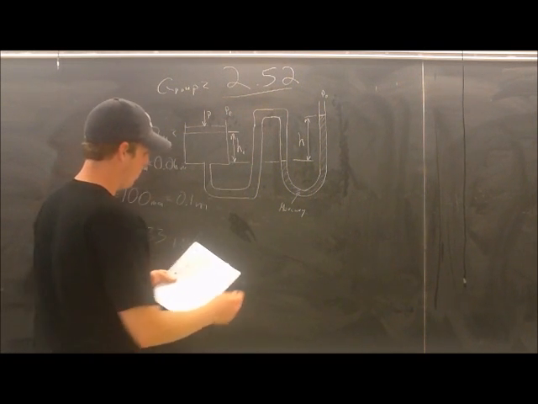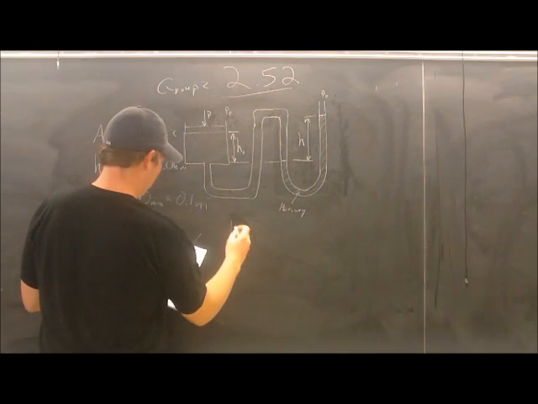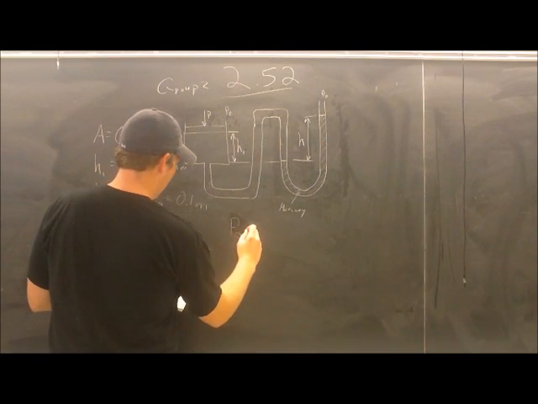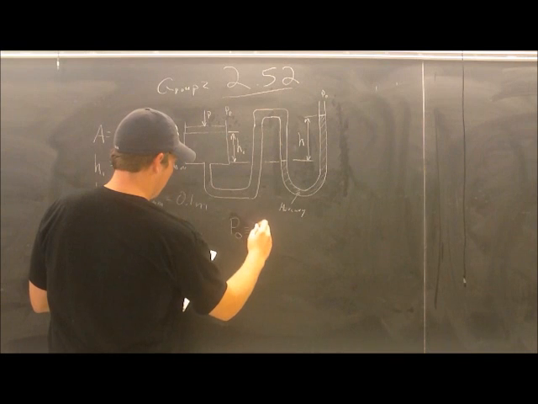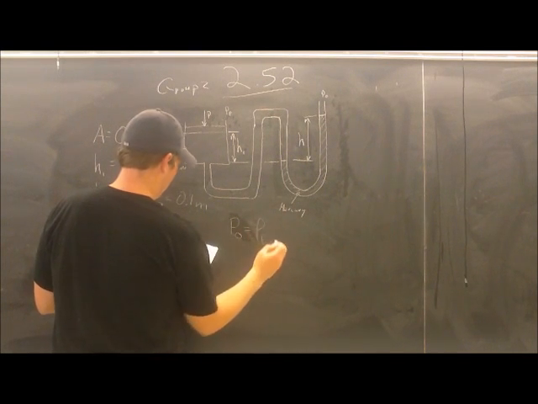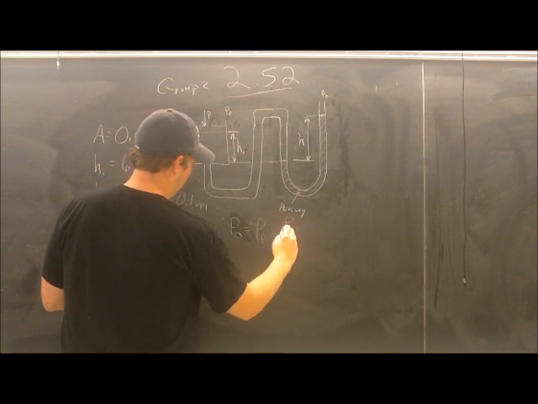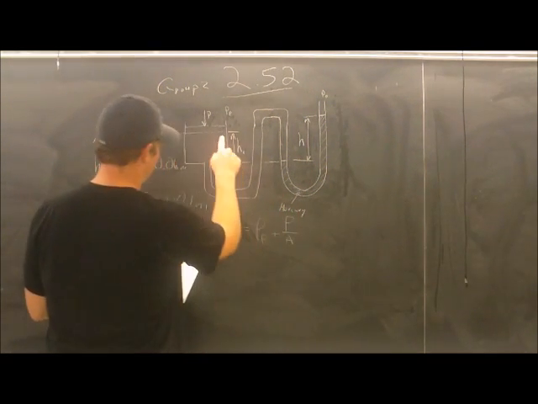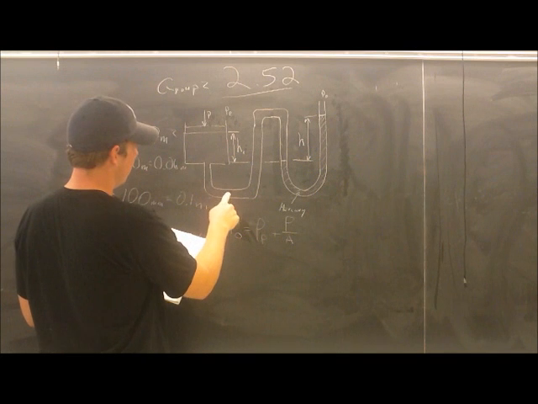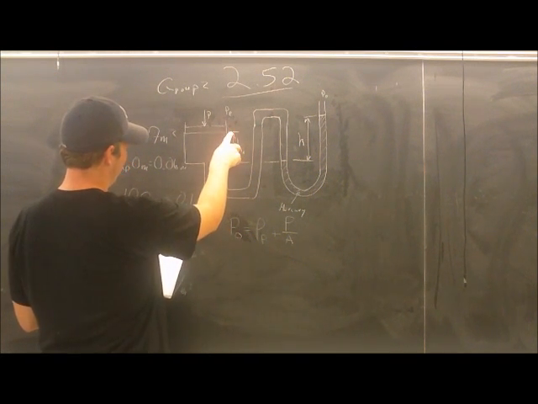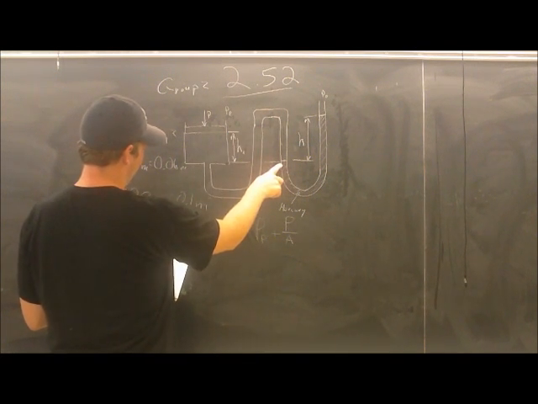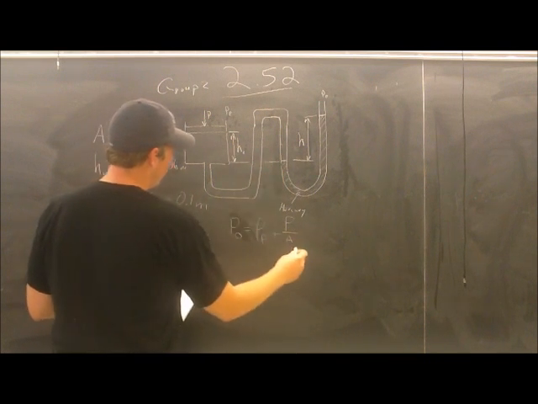To start out with, we have P open, which is equal to P piston plus the force over area of the piston, plus the difference between here and here, the height of the piston to the height of the water. We can go straight over to here.